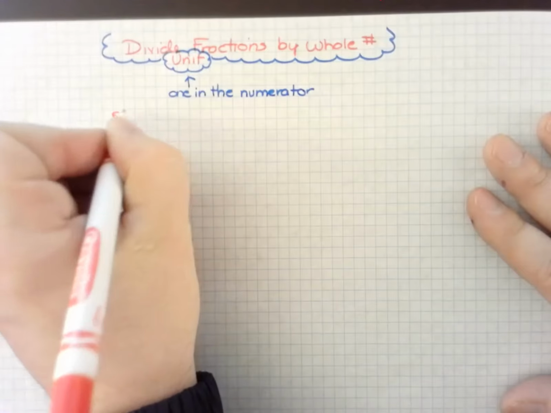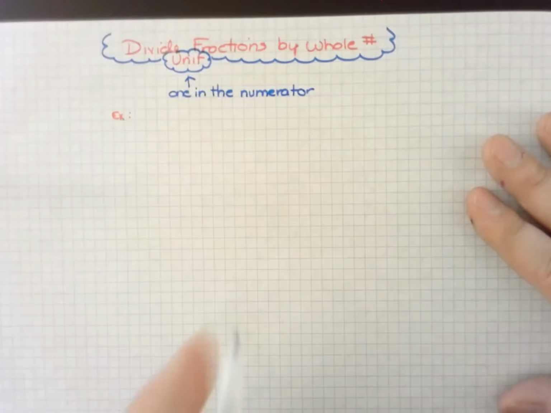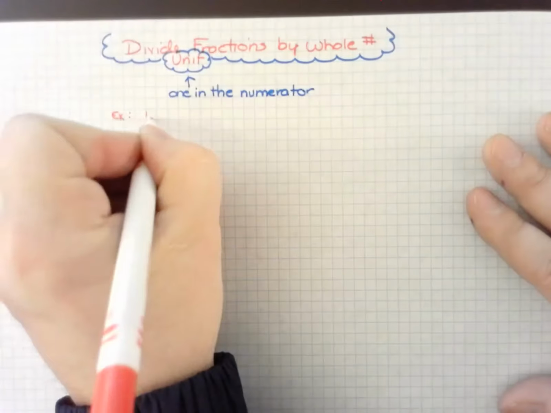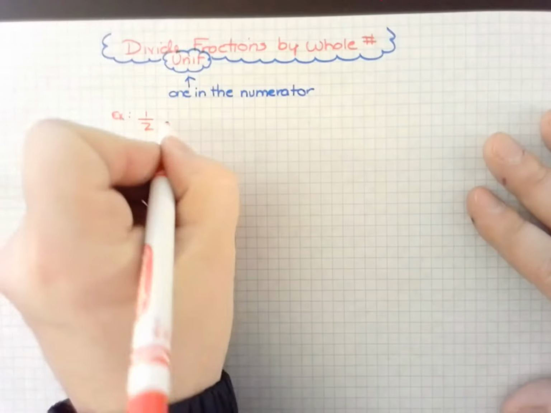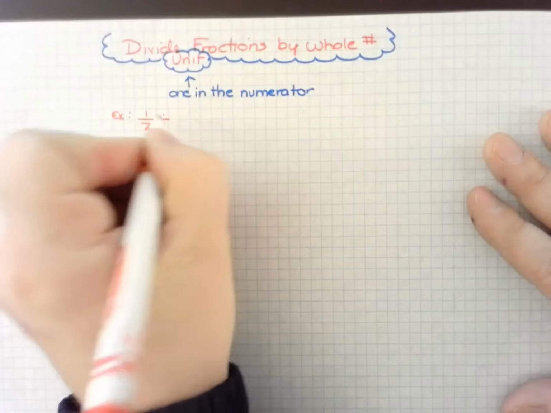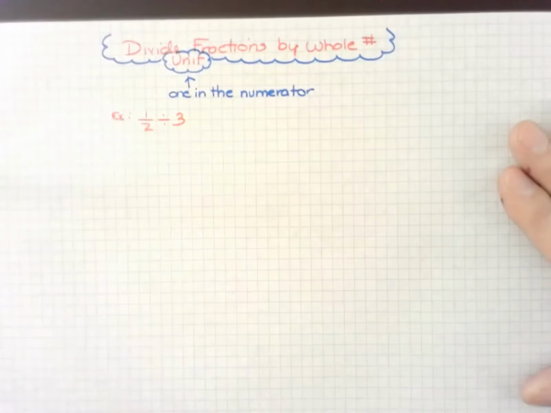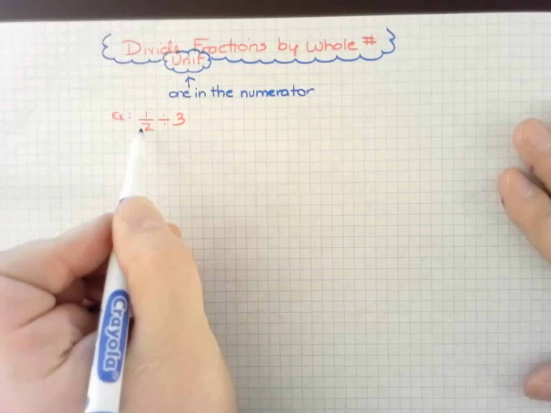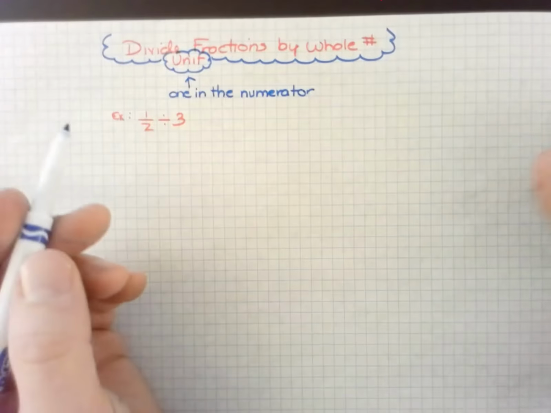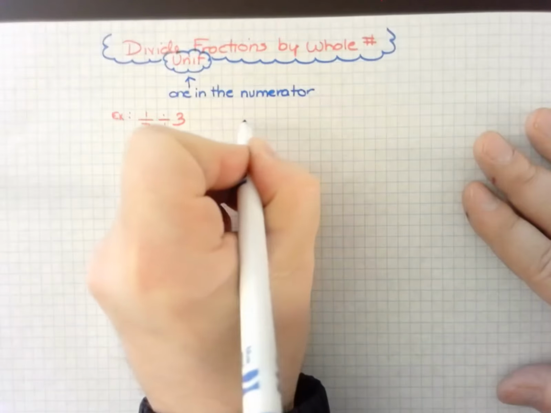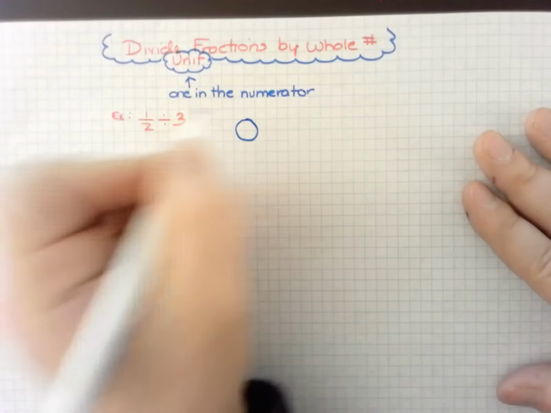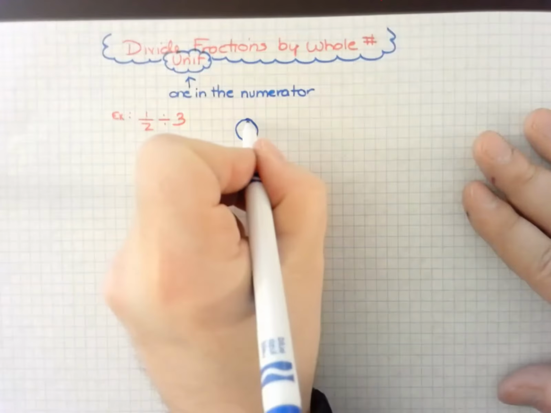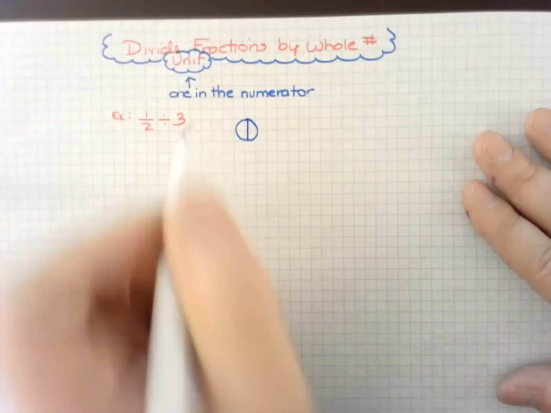So if you look at an example, this time we start off with a fraction, like 1/2, and we divide by 3. So what this is really saying is I have two parts, and I'm having to separate them into halves. So say we have a sandwich, and so I have to have two parts.